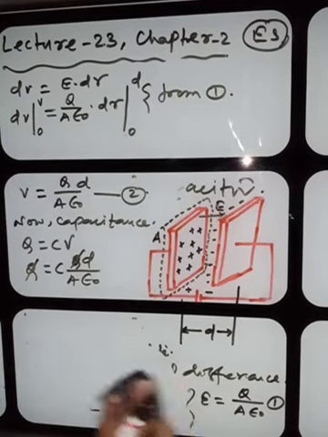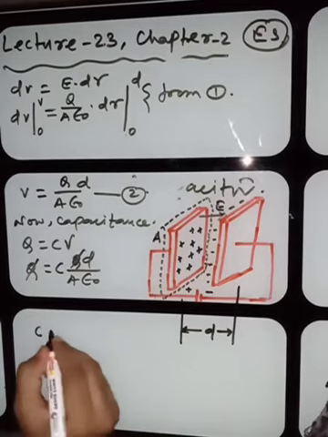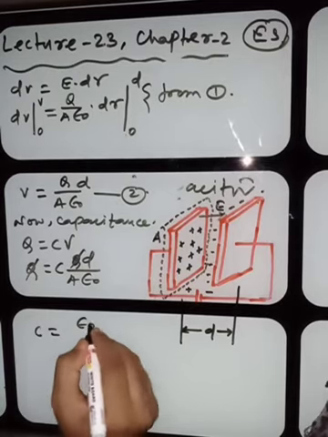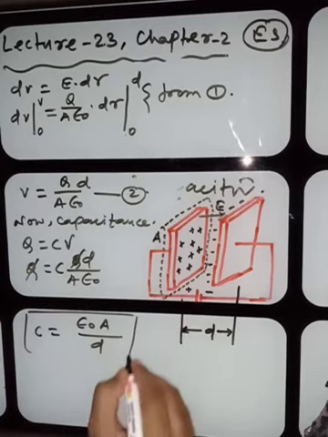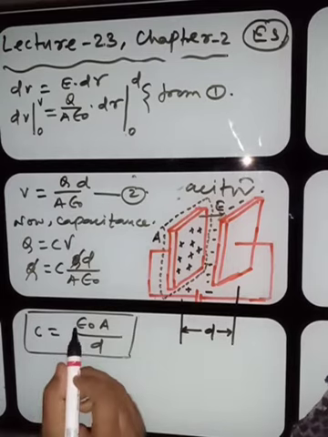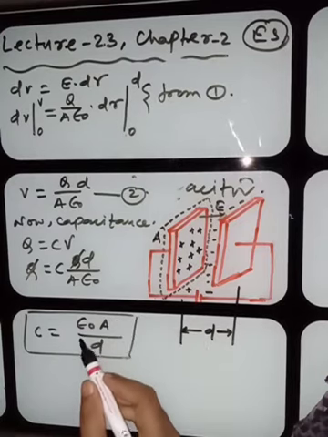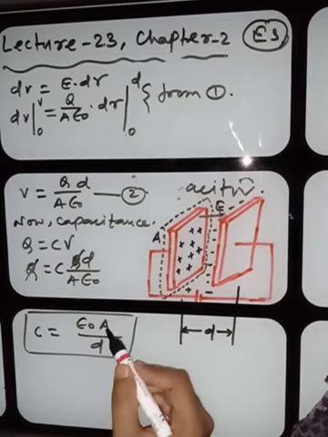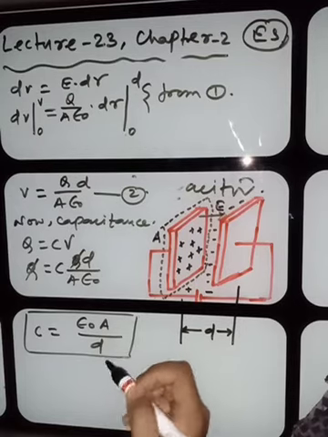Then we can write C equals epsilon naught A by D. This is the capacitance of a parallel plate capacitor. Epsilon naught is the absolute permittivity of the medium, A is the common plate area, and D is the separation between the two plates.